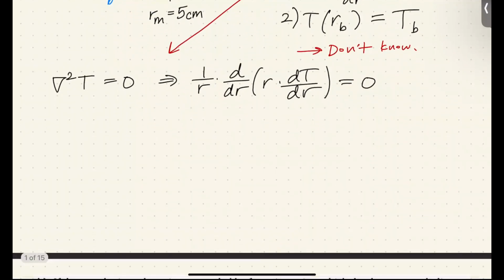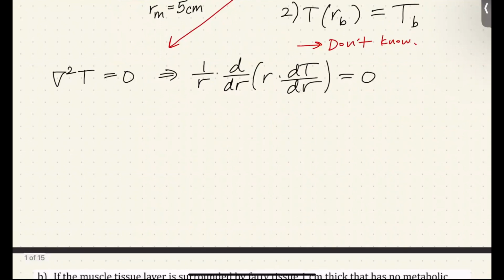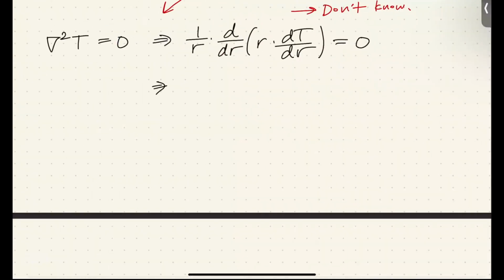Let's keep working this out. I'm actually going to add another page. I see the next question. Great. We can see when we move this to the other side, it's going to be canceled out, and we can also move the dr to the other side.